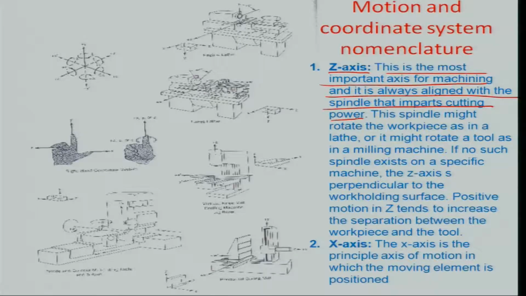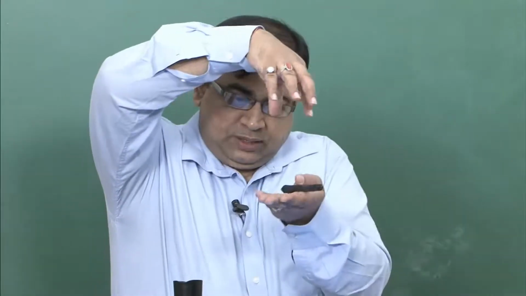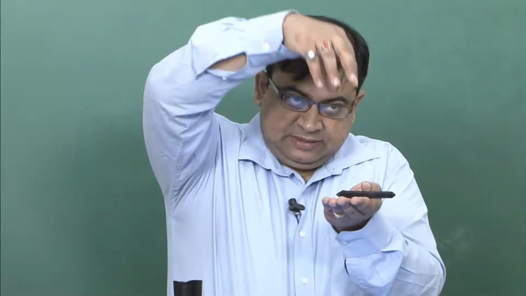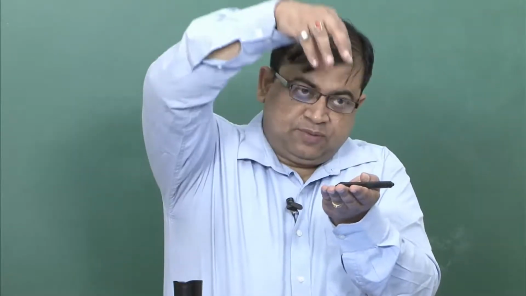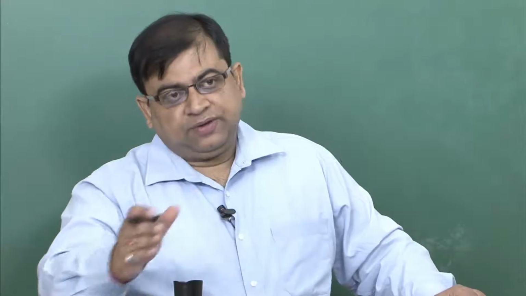So if there is a workpiece on the surface of a table, and there is a face milling operation where a milling tool comes from the top onto the workpiece, then if you are moving away from the workpiece, it always signifies a positive Z direction, and if you are moving into the workpiece, it always signifies a negative Z direction.